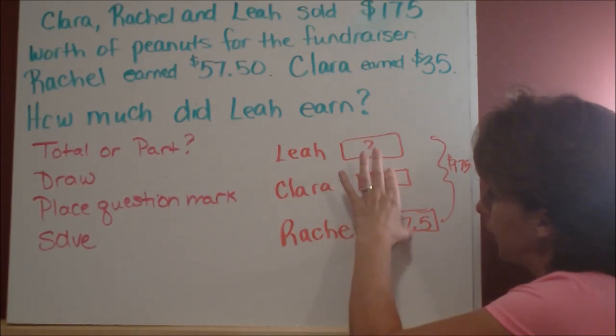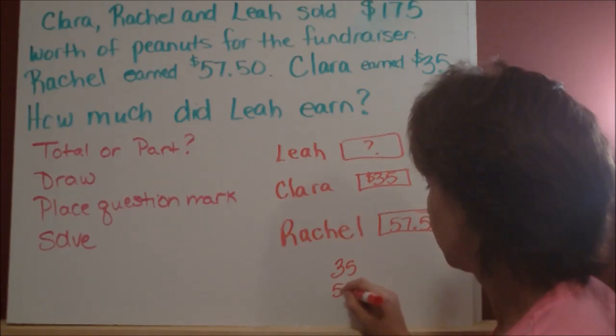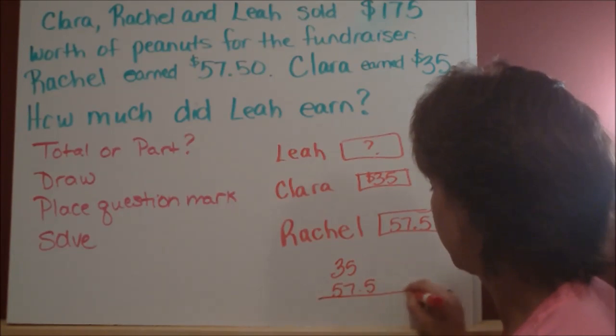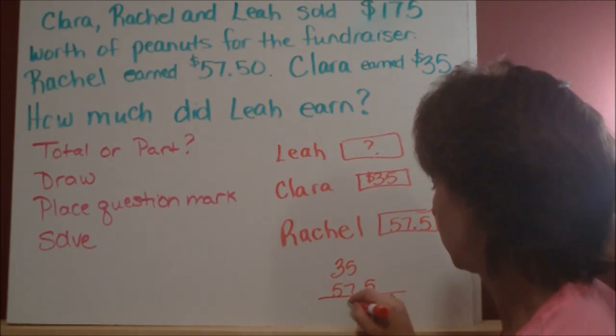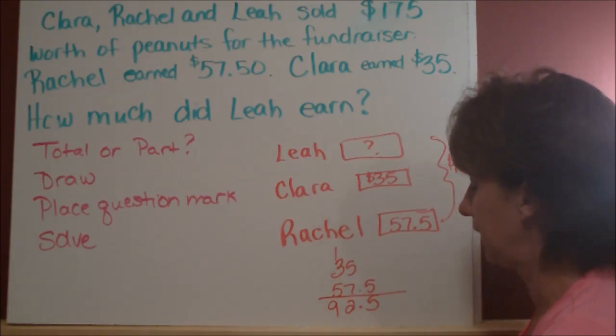I must first put these two together. 35 plus 57.50 is 92.50.